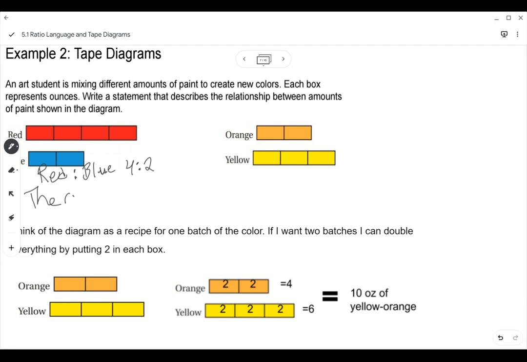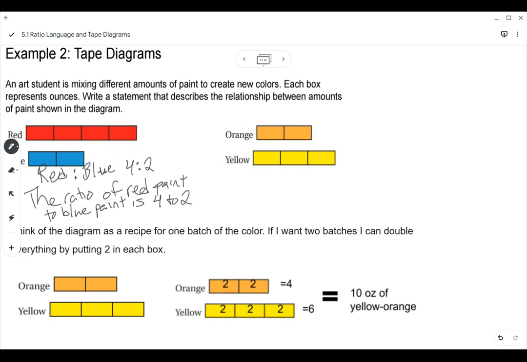The ratio of red paint to blue paint is 4 to 2.